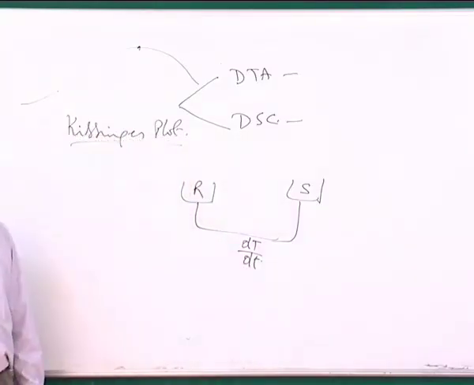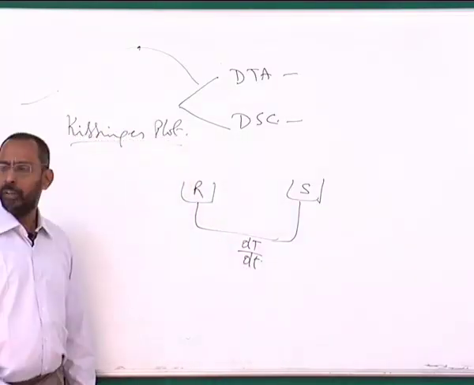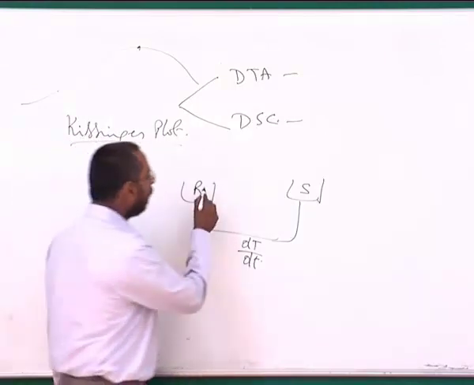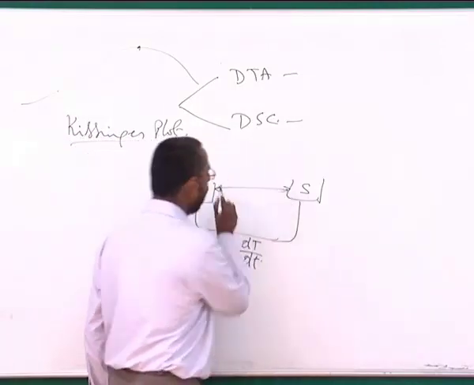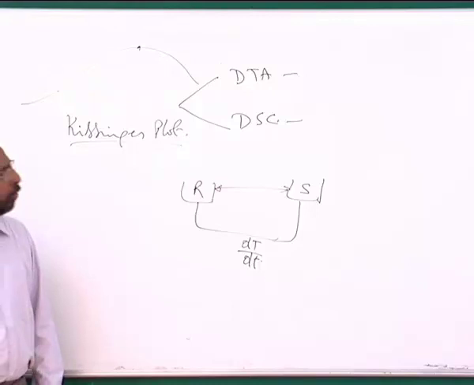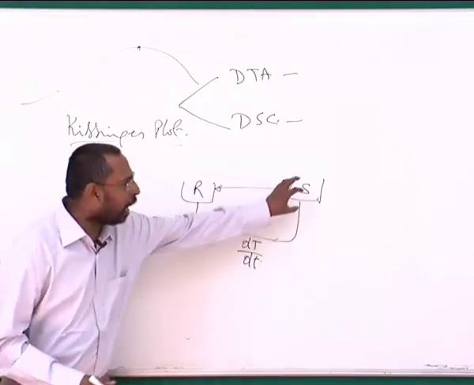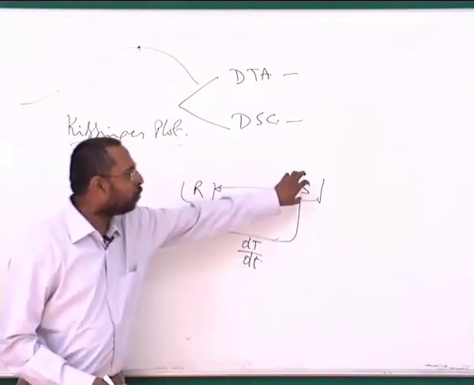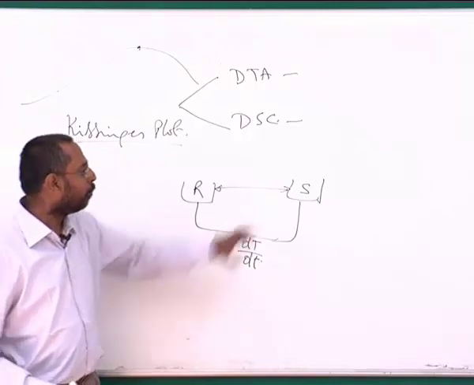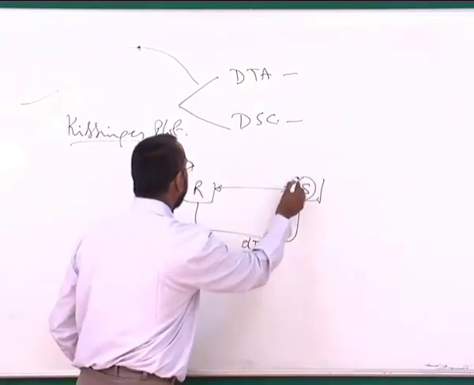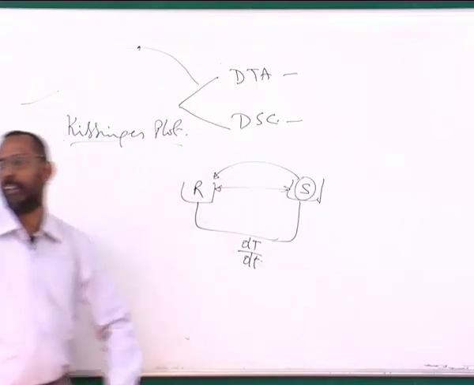But here your interest is to maintain the temperature of these two exactly the same. So you measure the enthalpy that I need to supply to this material in order for the sample to maintain the same temperature as that of the reference.